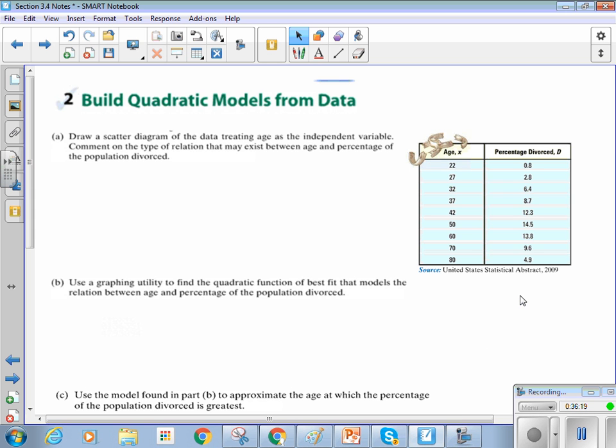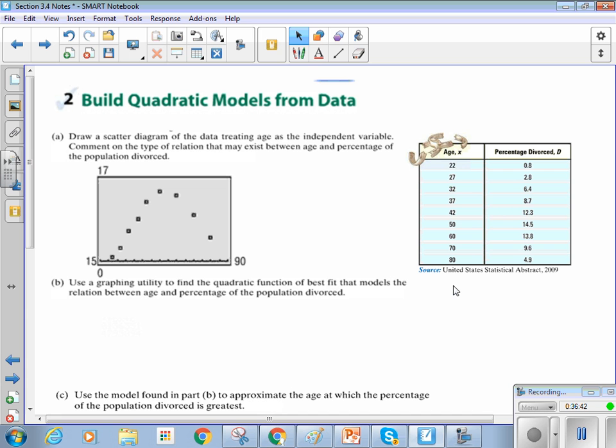Okay. This is actually the easy part, building a quadratic model from data. So if I have, and you guys can actually reference your book for this data, draw a scatter diagram of the data treating age as the independent variable.